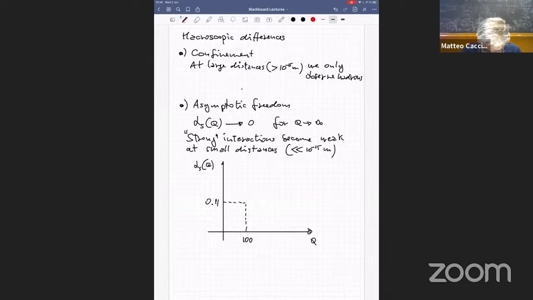And then this is something that goes this way. This is how it behaves. So this is somewhere, let's say, 1 GeV. This can be 1,000 GeV, etc., etc.